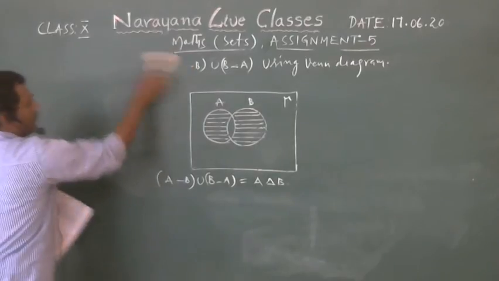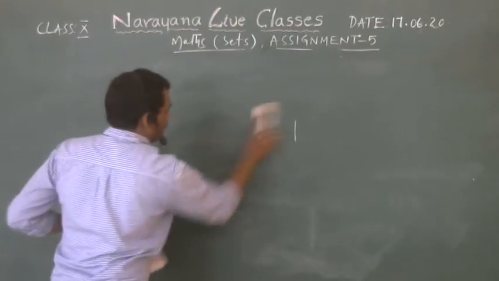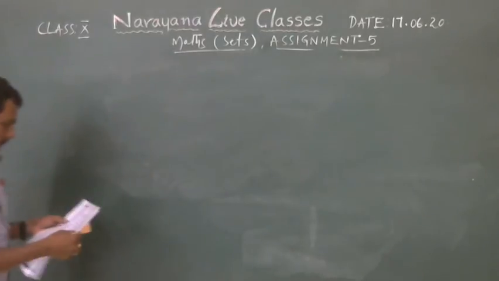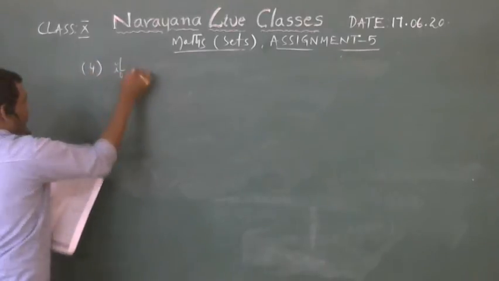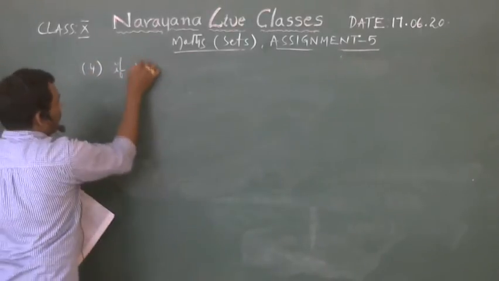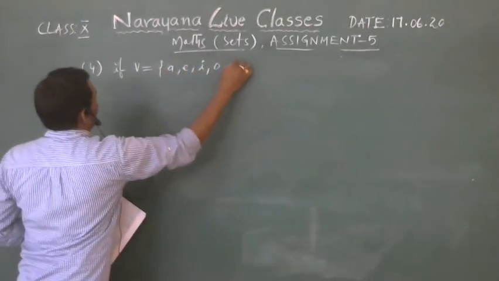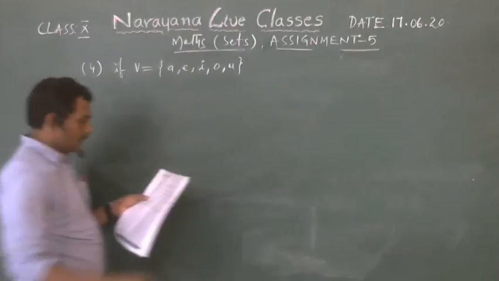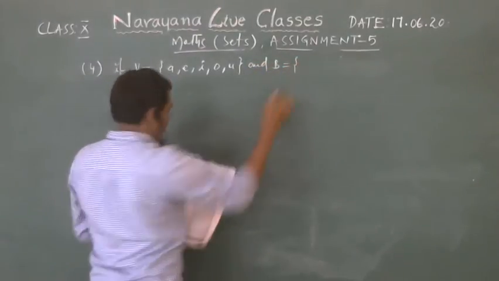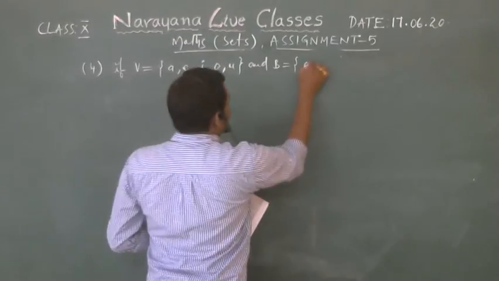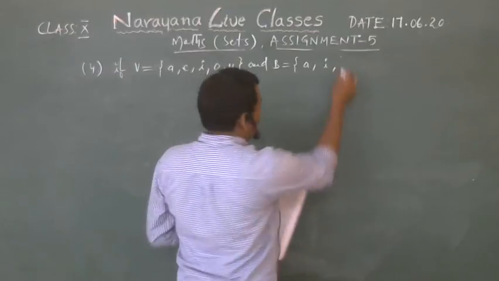Fourth question. If V is equal to {A, E, I, O, U} and B is equal to the set {A, I, U, V}.